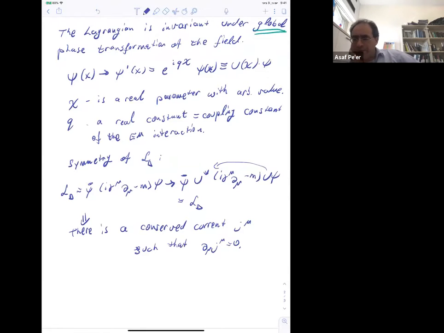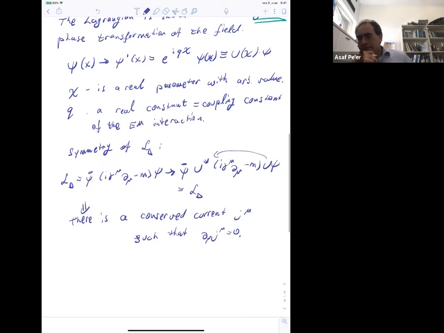So let's find the current. How can we find the current? In a very similar way as we did in the classical example.